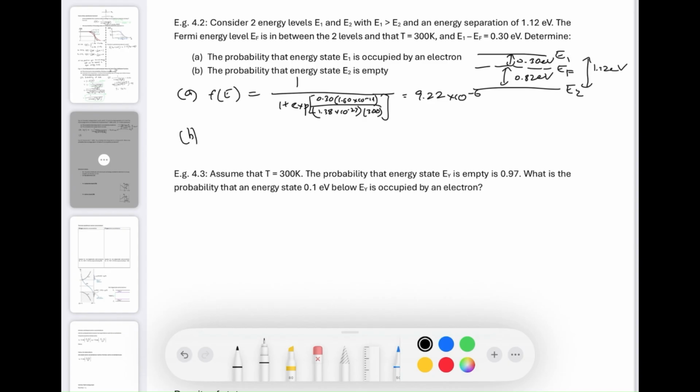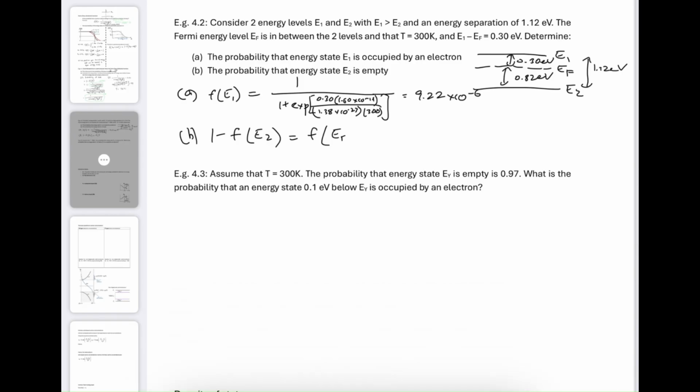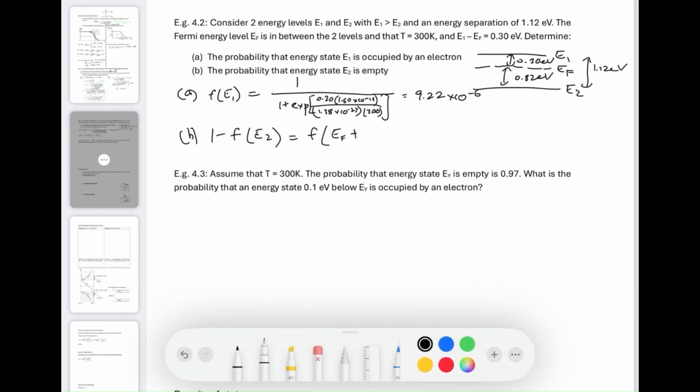Okay, part B is more interesting. The probability that the energy state E2 is empty. So this is just 1 minus F of E2. And remember just now we were talking about how the probability is symmetrical about the Fermi energy level, EF. So the probability that energy state E2 is empty is actually equal to the probability that an energy state 0.82 eV above the Fermi level is filled, because E2 is 0.82 eV below the Fermi level.